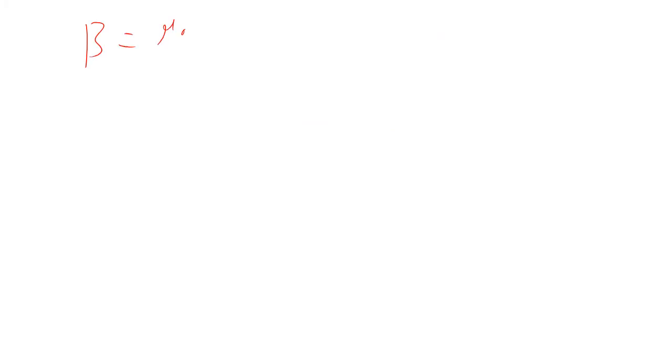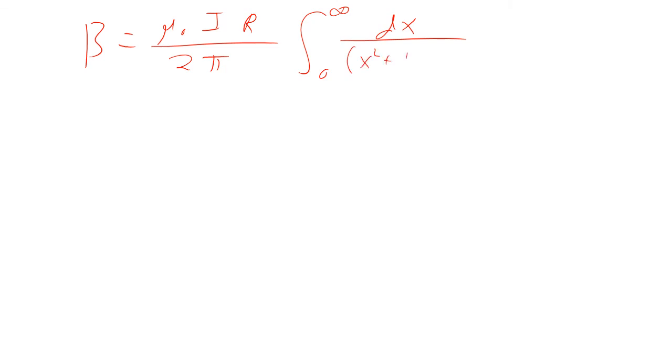Mu naught I R over 2 pi integral from 0 to infinity of dx over x squared plus R squared to the 3/2. How do I do that integral?